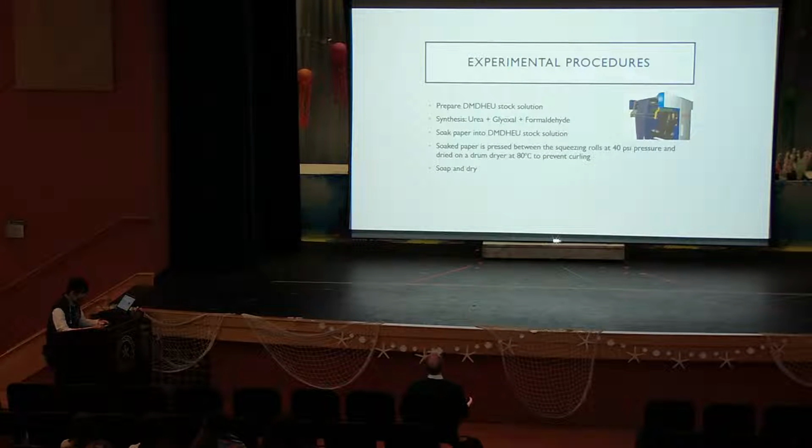So the synthesis of DMDHEU comprised of reacting relative amounts of 1 mole of urea, from between 0.8 to 1.3 moles of glyoxal, and from 1.6 to 2.5 moles of formaldehyde in an aqueous medium at a pH maintained above 7 and at a temperature maintained between 30 and 100 degrees Celsius.